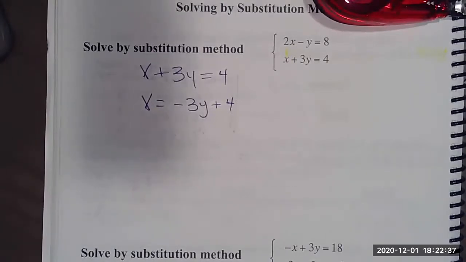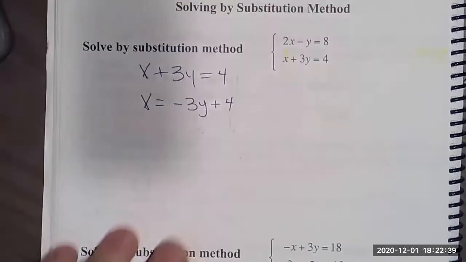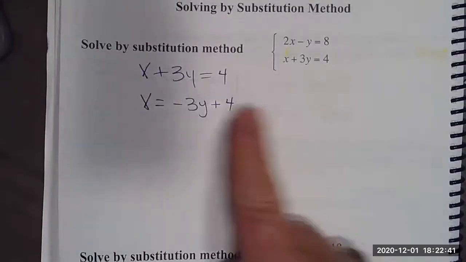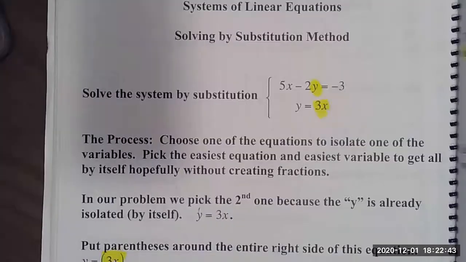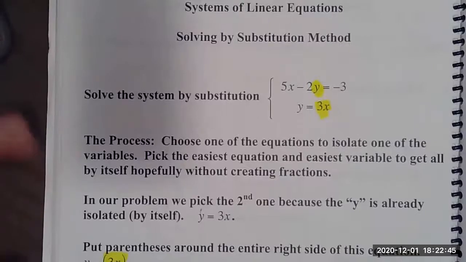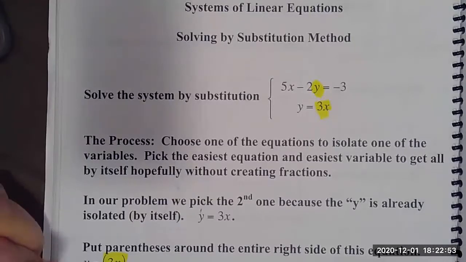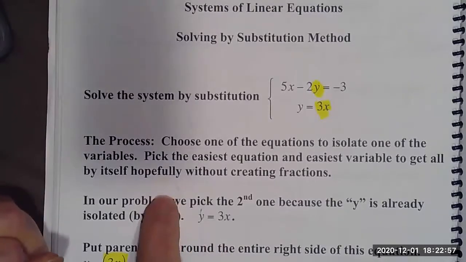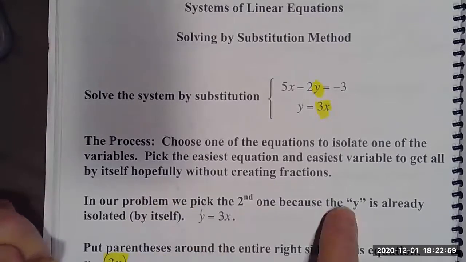Now, in my instructions, it says put parentheses around this stuff. I'll show you. I've laid it out, tried to lay it out step by step. The instructions are there to help you guys. The author does some of it, but not all of it. Okay, in our problem, we pick this. Here it is.